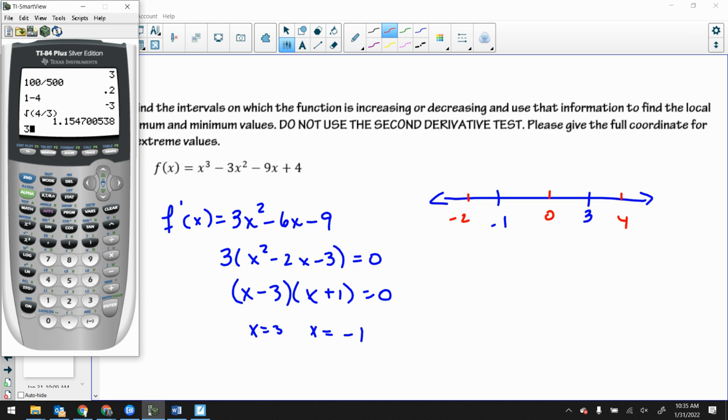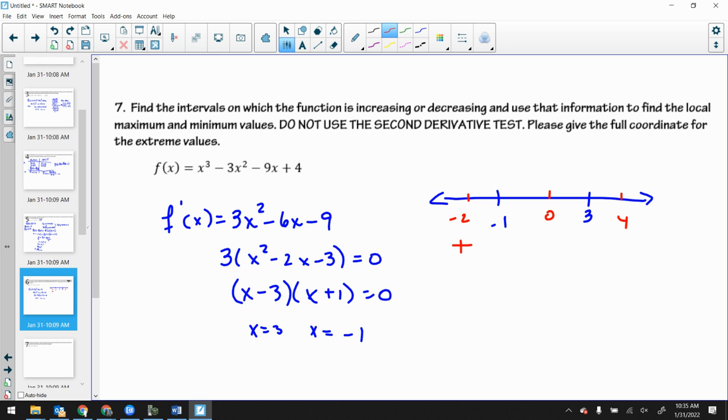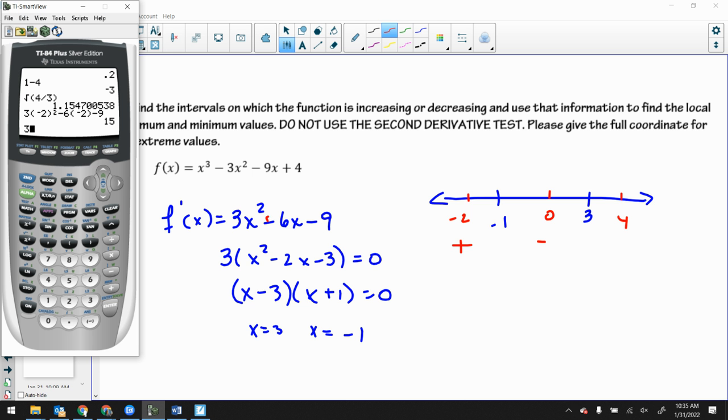So I've got 3 times negative 2 squared minus 6 times negative 2 minus 9, which is positive. 0 goes in, that would be negative 9. I just care about its sign, negative. And when I plug 4 in, I'm guessing it's going to be positive, but let's double check: 3 times 4 squared minus 6 times 4 minus 9. Positive. Hey, look at that, 15 as well.